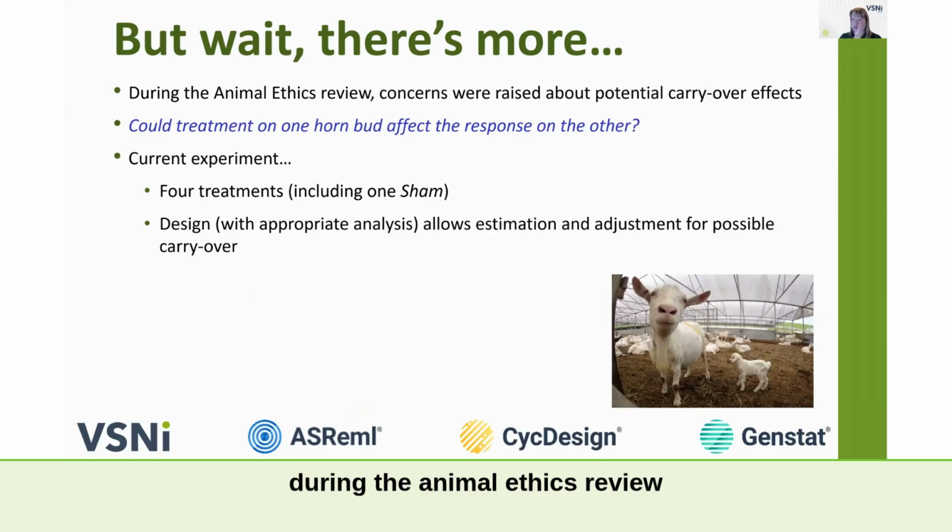Anyway, during the animal ethics review, one of the things that came up was potential carryover effects. Basically, the concern was, could the treatment on one horn bud influence the response on the other?